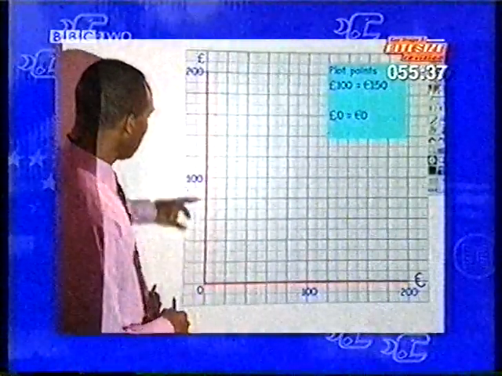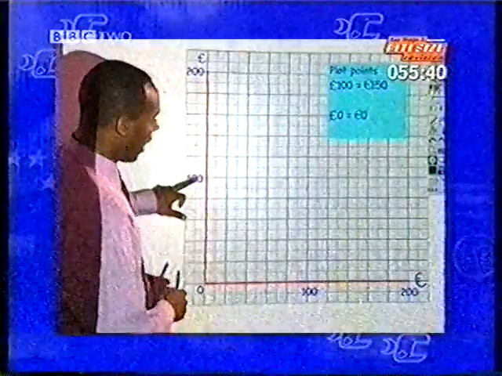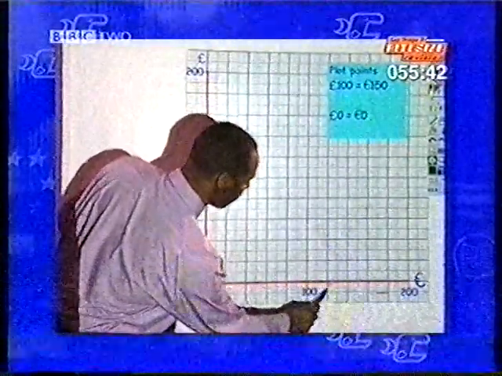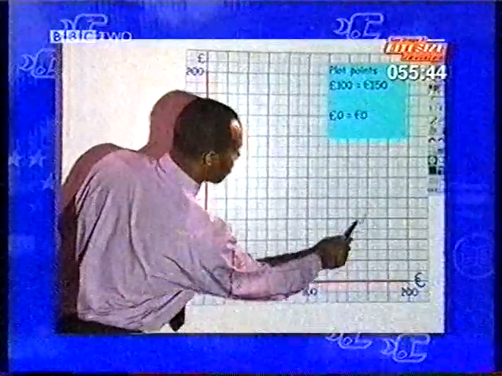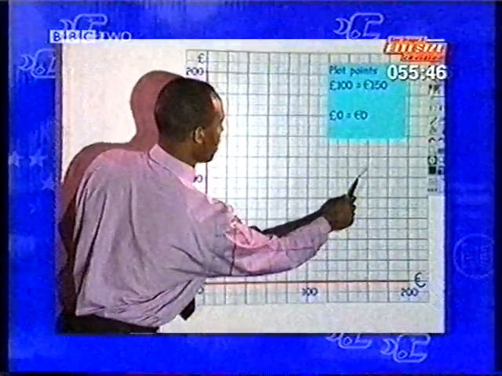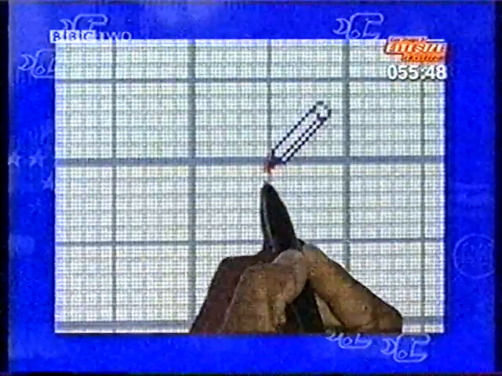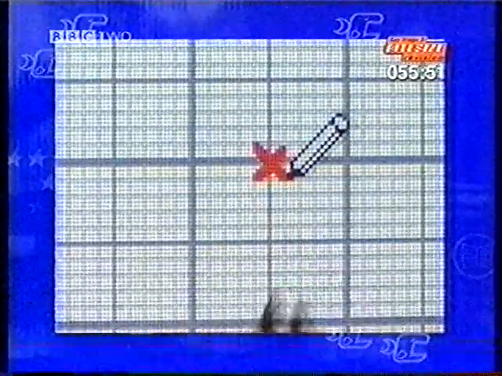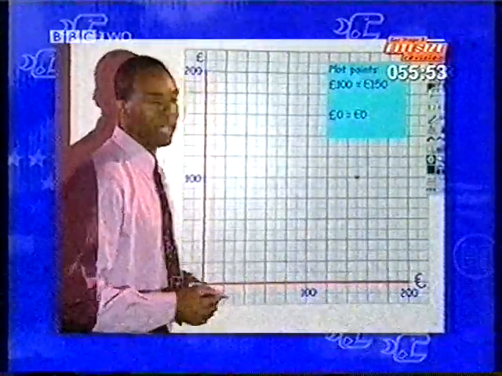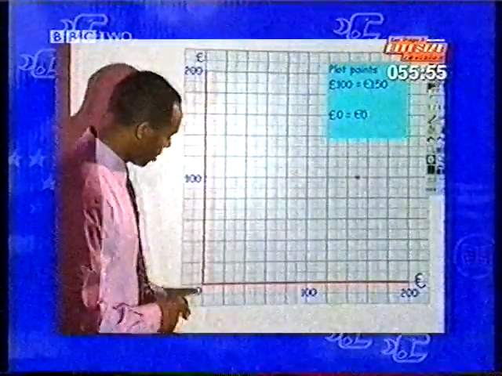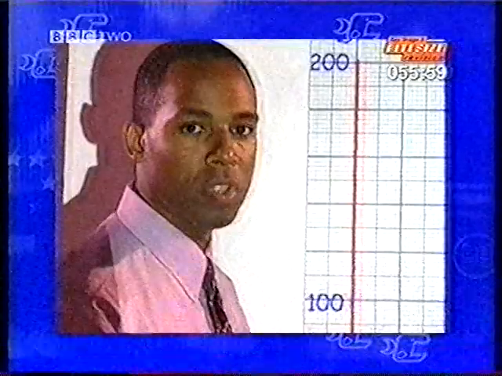So we find £100 here, and then we find 150 euros, which brings us to this point here. So we know another point where £0 is 0 euros, which is this point here. So let's connect these points with a straight line using a ruler.